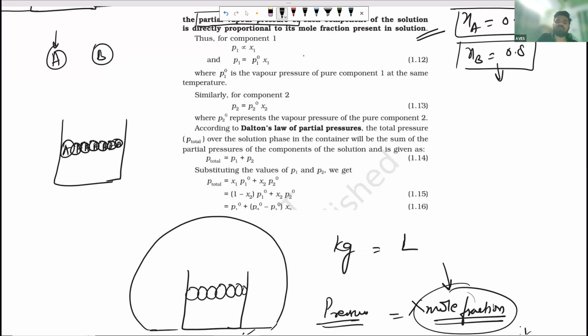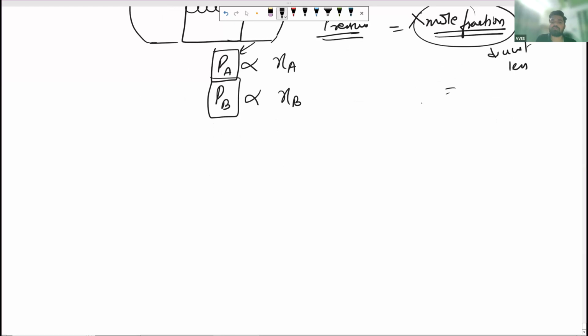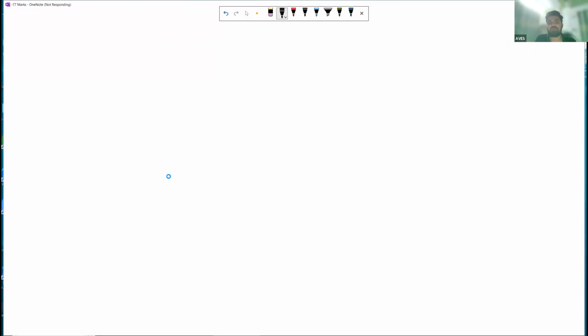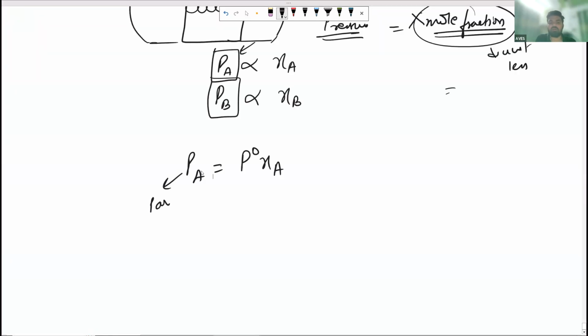So PA will be equal to P naught into XA. What is PA? PA is the partial pressure of A in the solution, when it is mixed with B, and P naught is the partial pressure of A in the pure state.